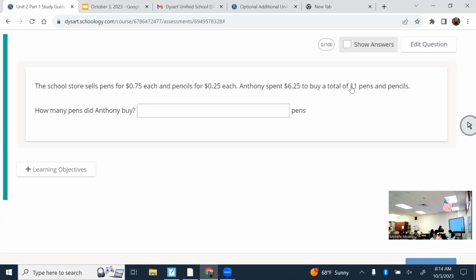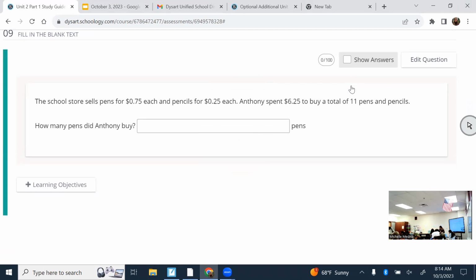So the school sells pens for 75 cents each, pencils for 25 cents each. Anthony spent $6.25 to buy a total of 11 pens and pencils. How many pens did he buy? So this is similar to your constructed response test. You would have to make a system because you have 2 totals here.